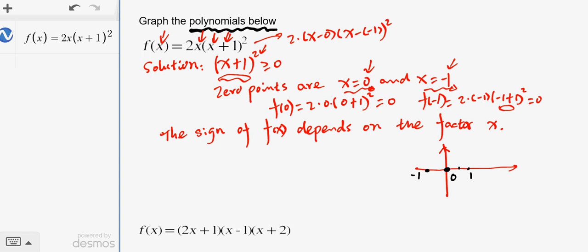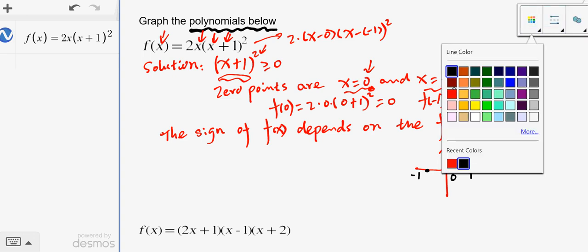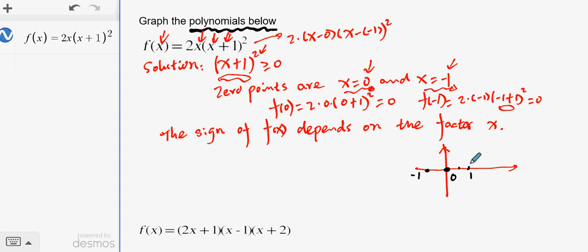So when you put value 1 here, which is greater than 0, what do you get? You should have what? Positive. You can see here, 2 times 1 times (1 plus 1) squared, and this is positive.